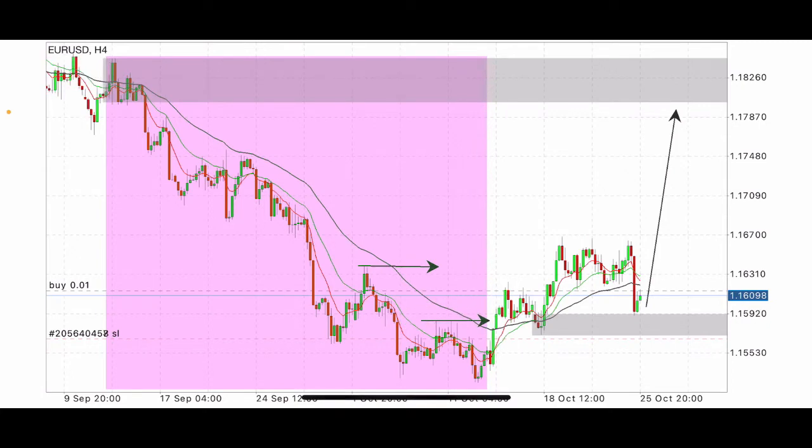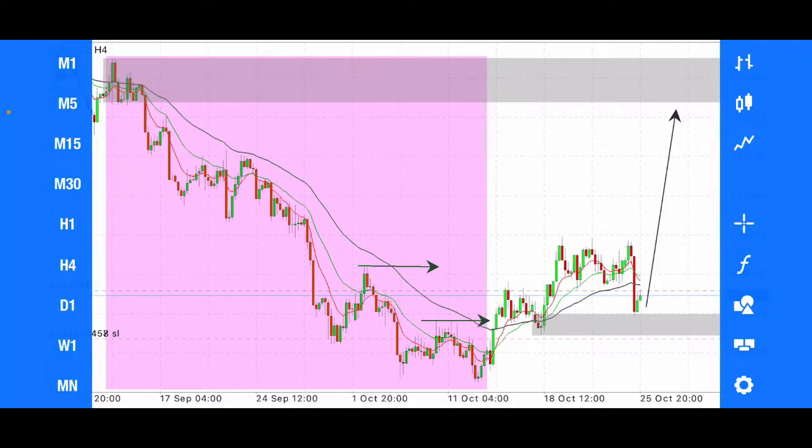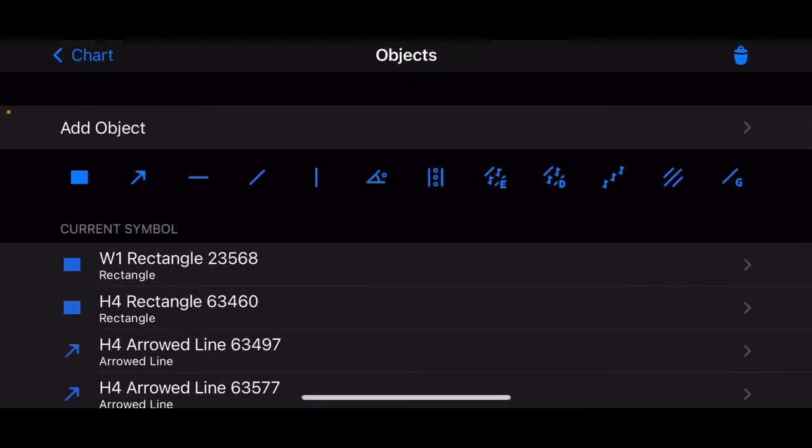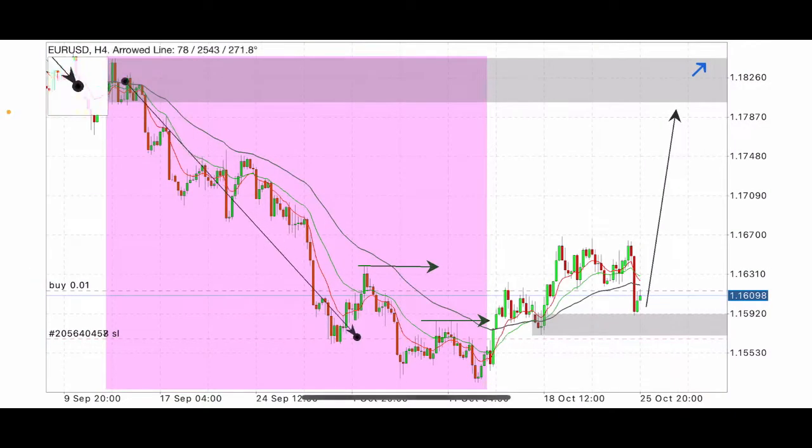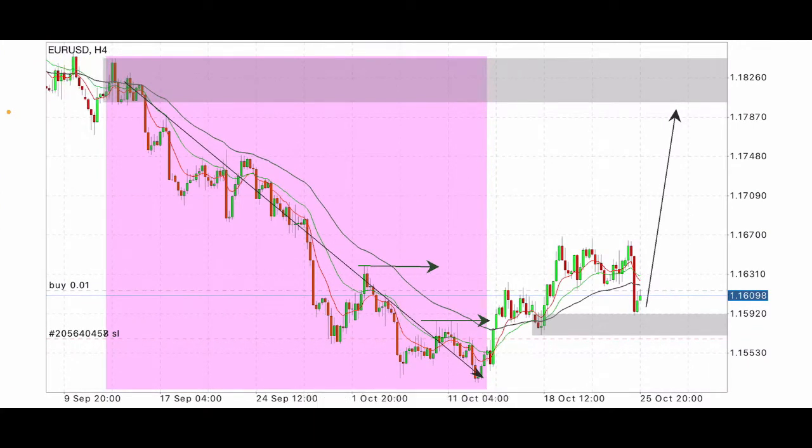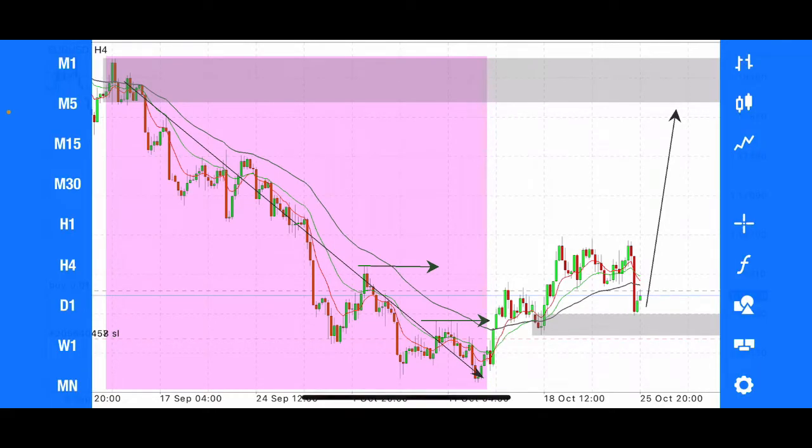While price was going down, guys, right? So price was going down, like we can see here. Price went down until it reached this point right here, guys. So as soon as price reached this area right here, what happened?